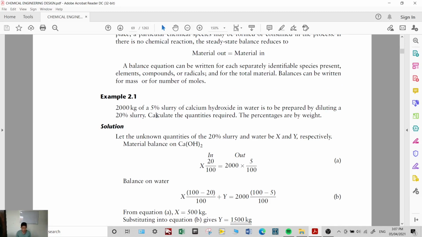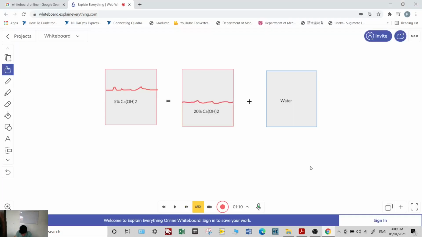Now, the percentage or the composition means that the 5% slurry is by weight. So 5% of the total weight of the solution is calcium hydroxide. Okay, so this is the problem.